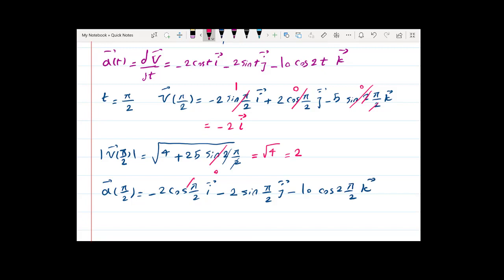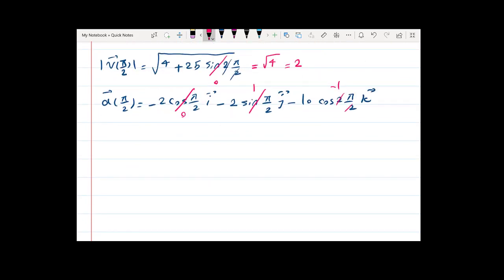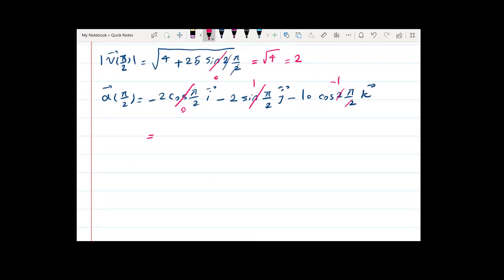Cosine of pi over 2 is 0, sine of pi over 2 is 1, and cosine of pi is negative 1. So it is equal to negative 2j plus 10k.